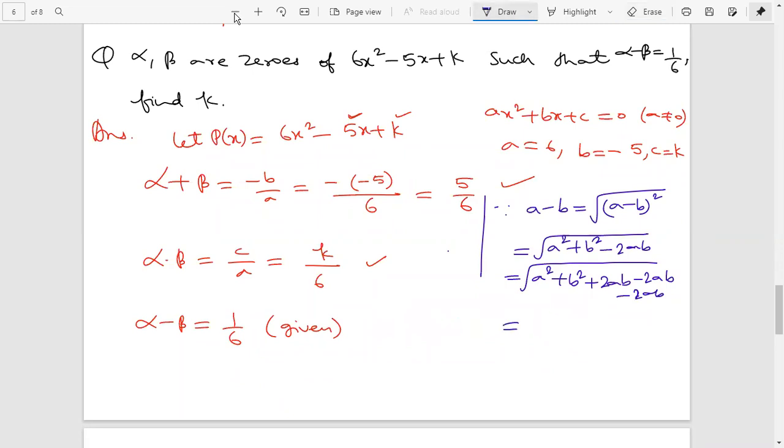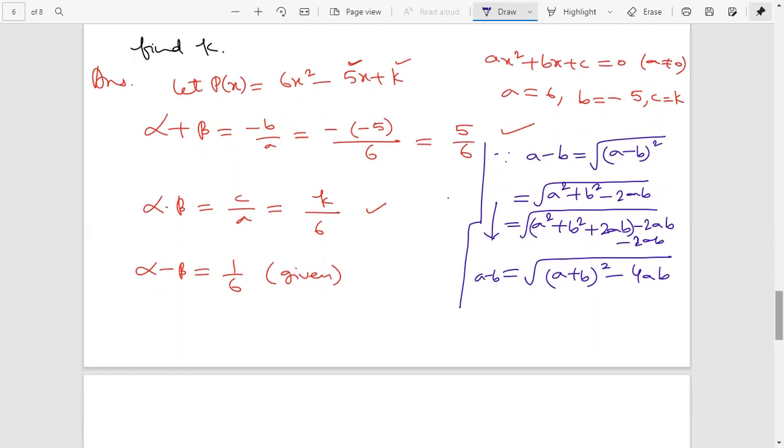So a minus b we can write in this fashion: the root of a minus b whole square, and the root of a minus b whole square is a square plus b square minus 2ab.